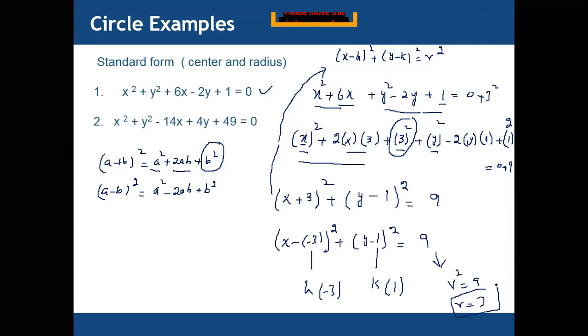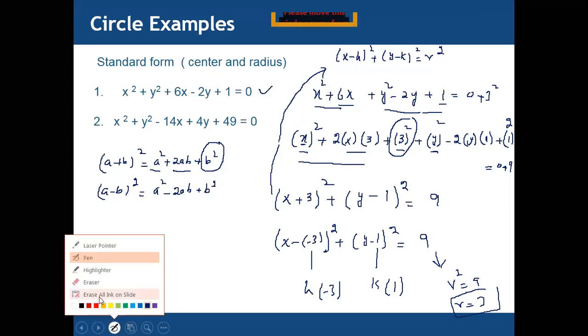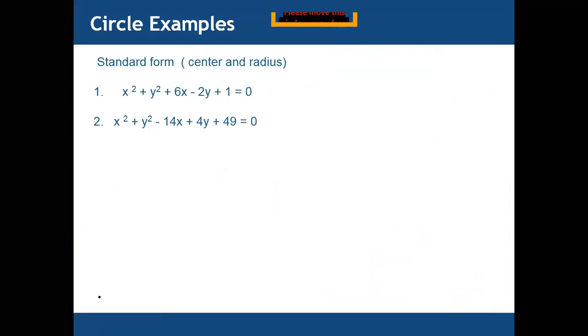We need the completing the square formula, the quadratic equation, then the completing the square formula, a plus b whole square and a minus b whole square. Let me try a second example, of how we can write the equation as a circle's standard equation.